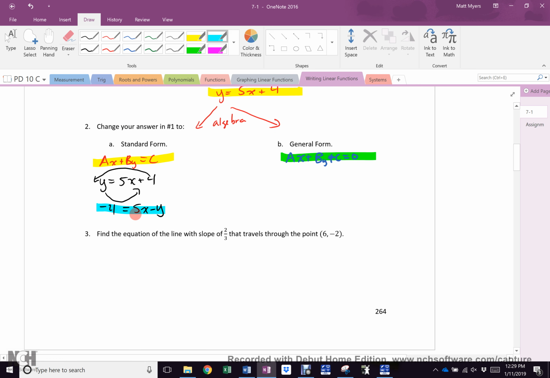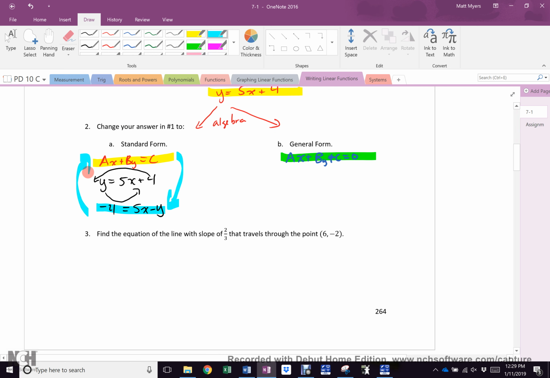Now, a great many of my high school math students cannot wrap their minds around the fact that that and that are the same. If you are one of those people, feel free to write it like that. Okay?